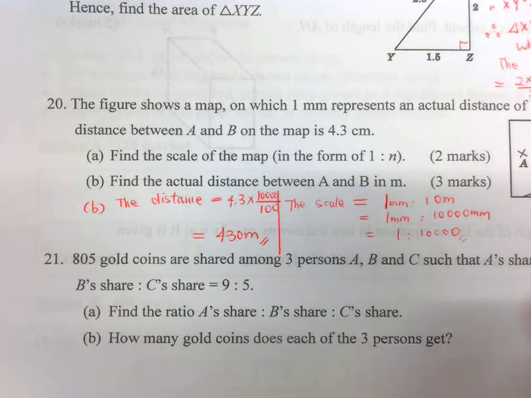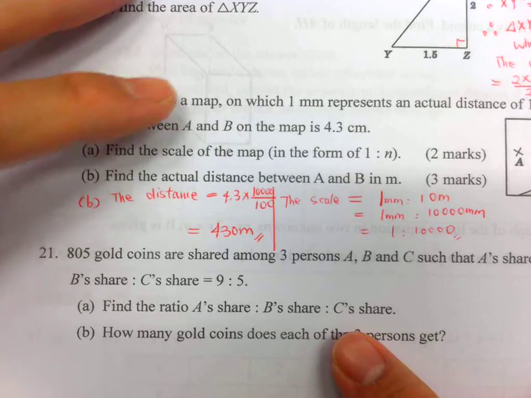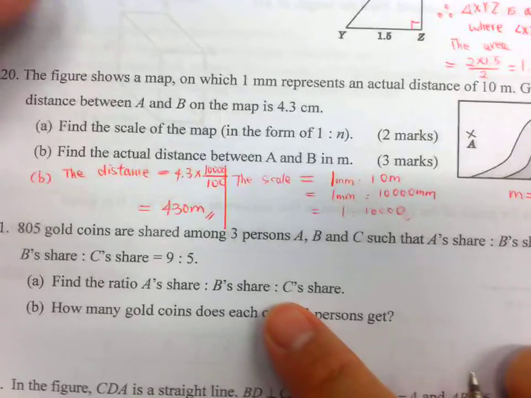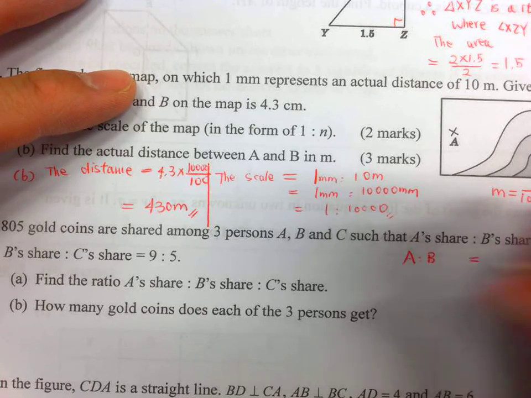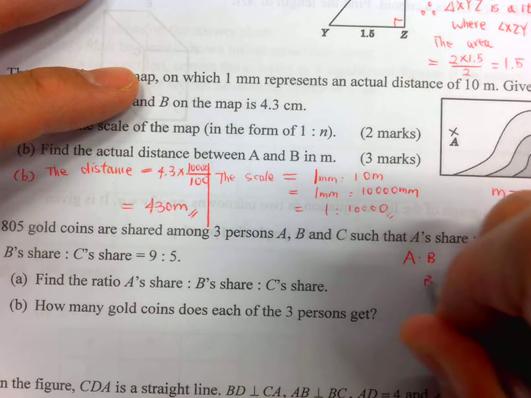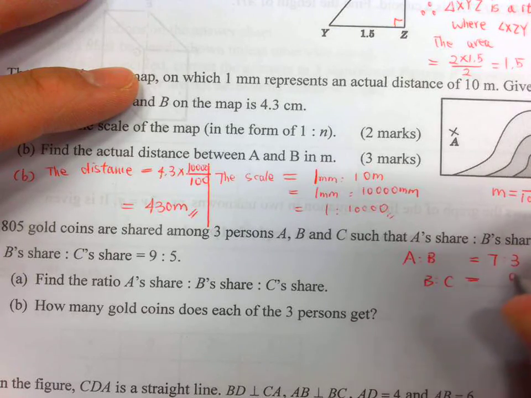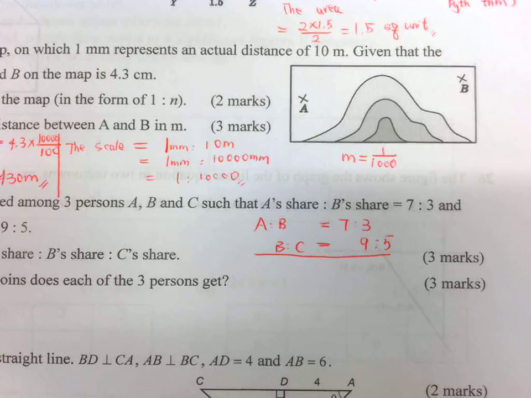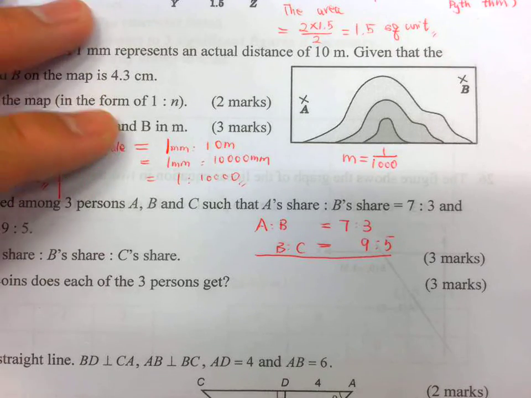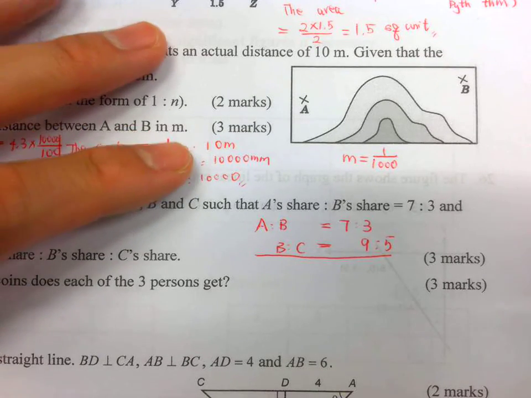Okay, and then for this one, the share amount A, B, C. So just a normal practice. So you have A to B equals 7 to 3, B to C 9 to 5. That is why when you do the multiplication, you can see what the common number is.